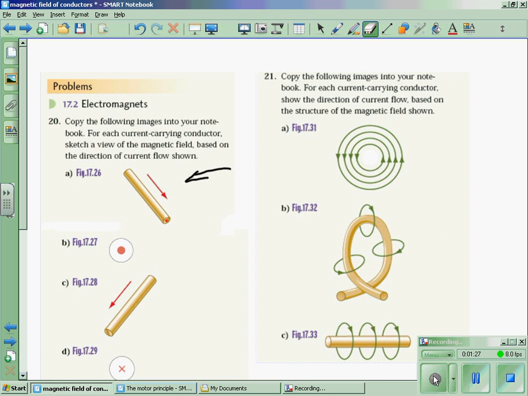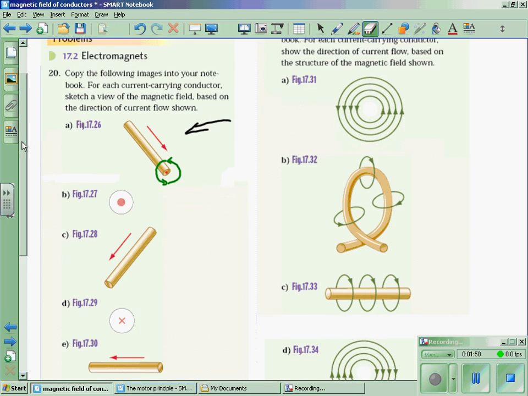If you do this properly, your hand should wrap around this wire so that the magnetic field that is induced around the wire will go in this particular direction. As you can see from the diagram, the magnetic field is going in somewhat of a counterclockwise direction around that wire. And that's how we use right-hand rule number 1.